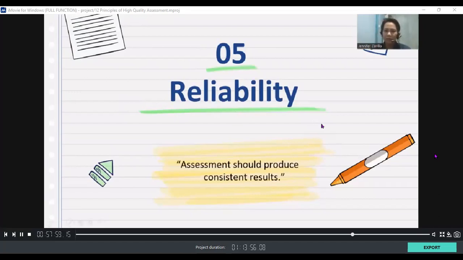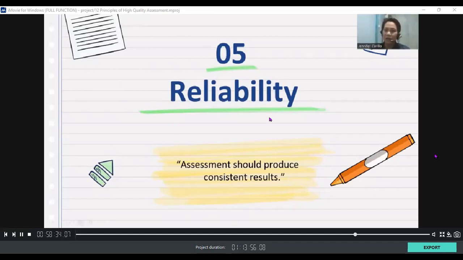When we say reliability, a test should be reliable. In Bisaya, a test should be something masaligan, dependable. When we trust a person, we trust them if their effort is consistent and their treatment of us is consistent, in good times and in bad times, whether you are struggling or happy, happy together or sad together.